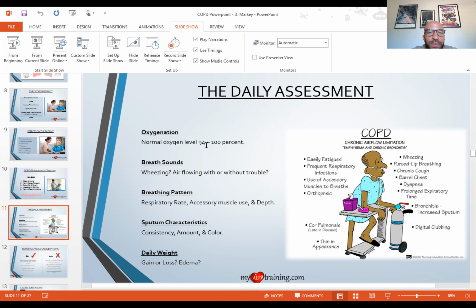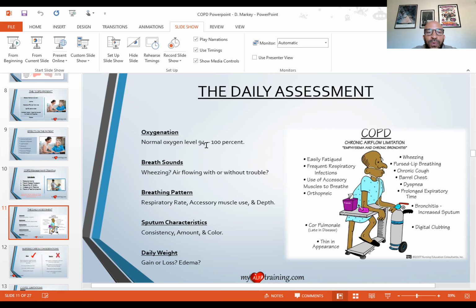Now, breath sounds. If the COPD patients have narrowing of the bronchial tubes, what that causes is airflow, the air has trouble flowing through, so that causes wheezing sounds. So we need to note whether that patient's wheezing sounds are normal for them, whether they are a bit more pronounced on this day, or whether they have resolved.